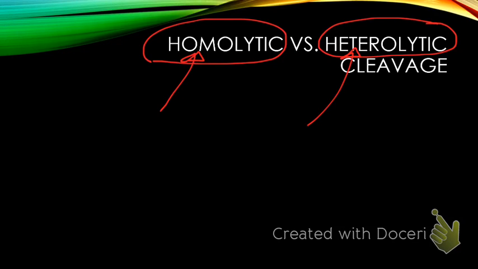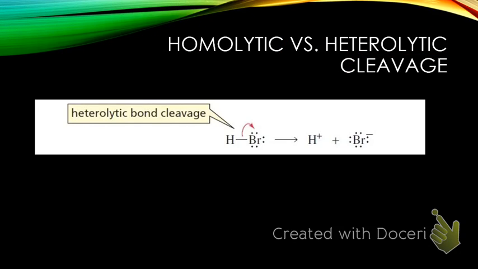The example that I'm going to use right now is hydrobromic acid, but we could have done any generic A bound to B kind of bond. In this instance, I'm going to start with heterolytic, which means that the bond is not broken evenly.